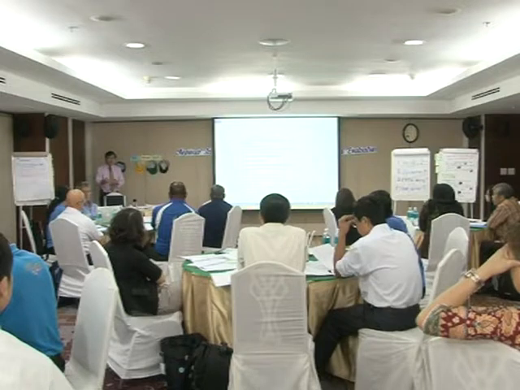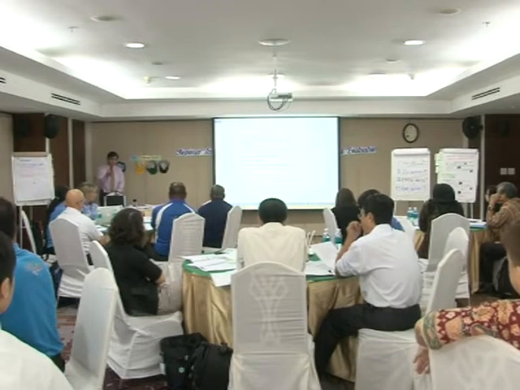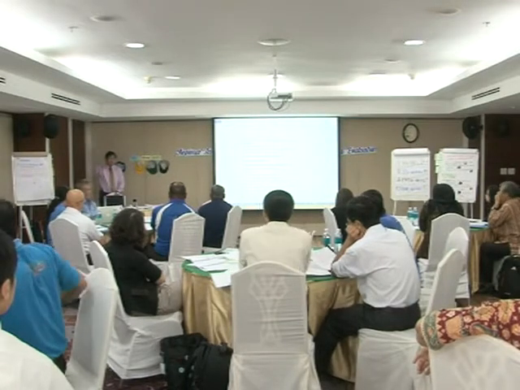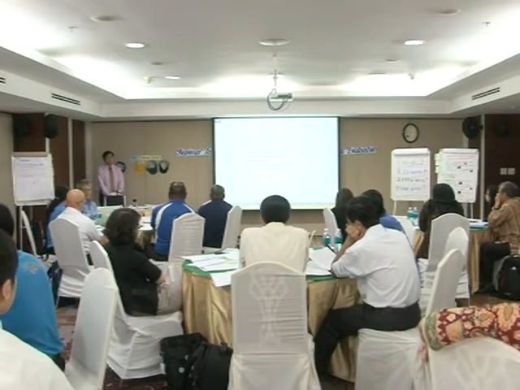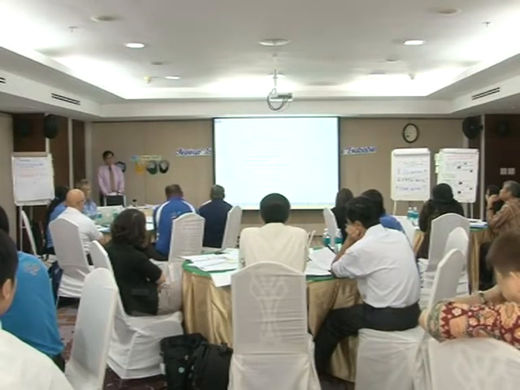Because if we would like to increase the price of the byproducts, the added value products, then the quality has to be premium. Then the fisher can get more margin.